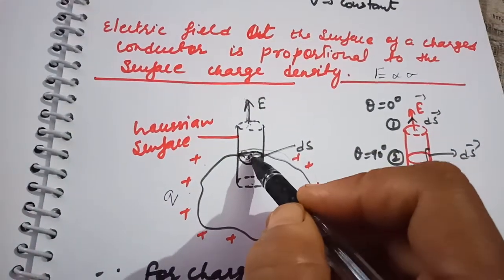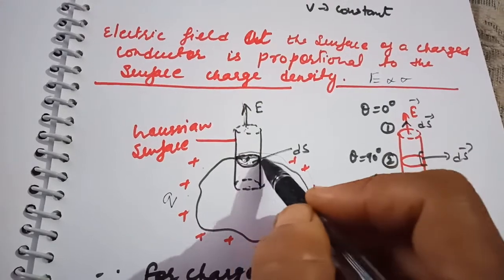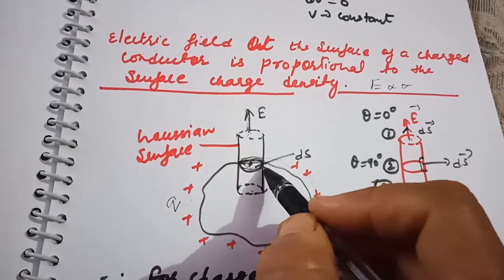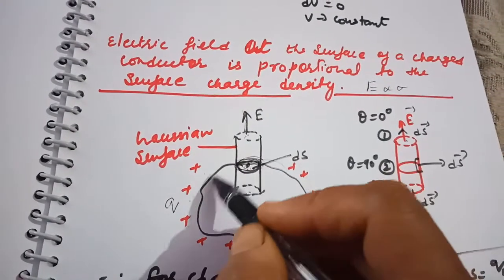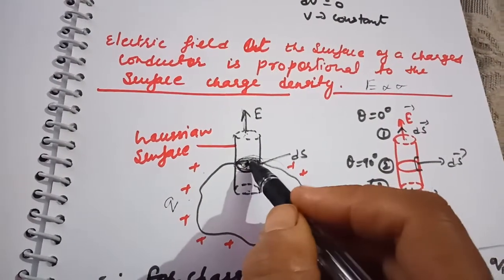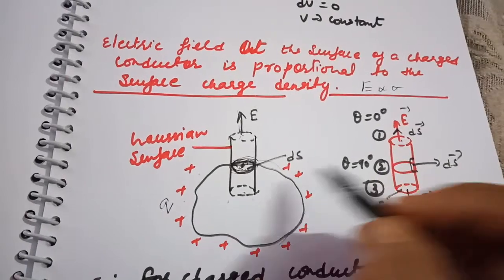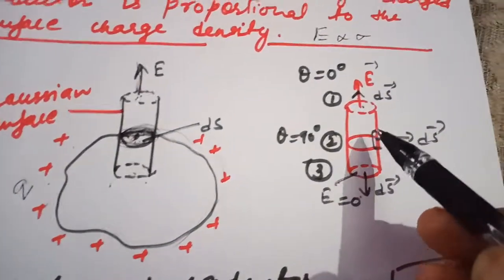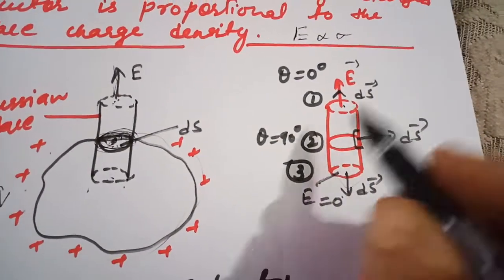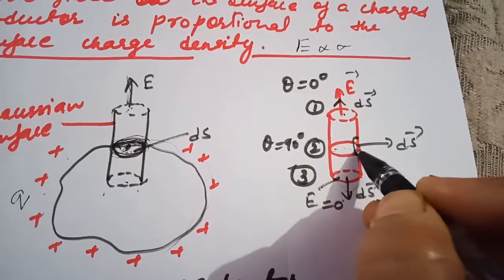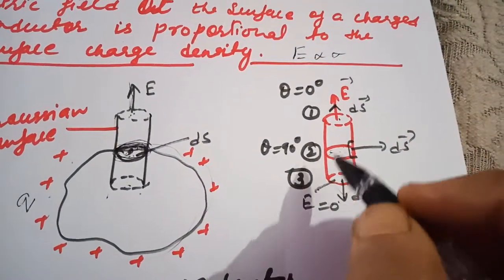So by considering a small portion of this entire surface, the Gaussian surface will be cylindrical. Now see, this is the Gaussian surface and this is the part of the surface we have taken.